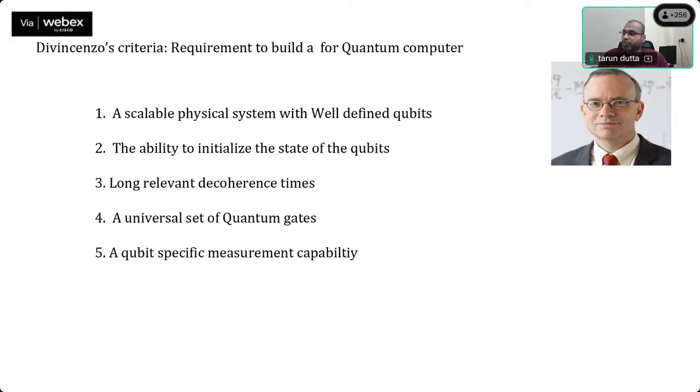The second one is the initialization of the qubits, the preparation of the qubits at your will. If we need to prepare some states, we can prepare them with 100% fidelity, or at least very high fidelity. The third one is a long relevant decoherence time. In structure or construction, classical computer and quantum computer are two really different things.